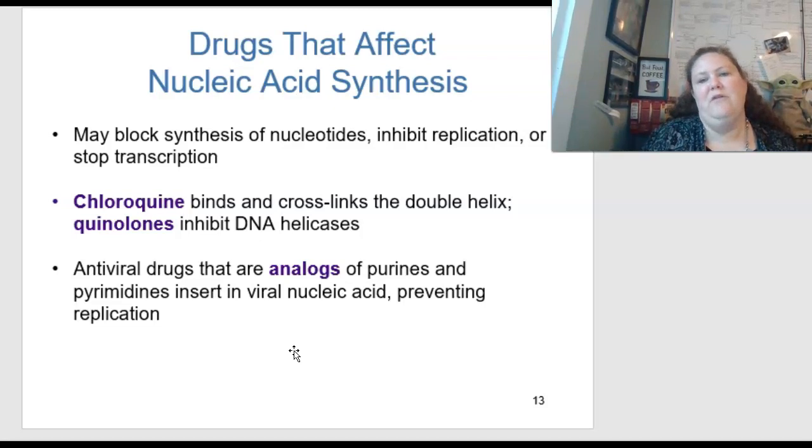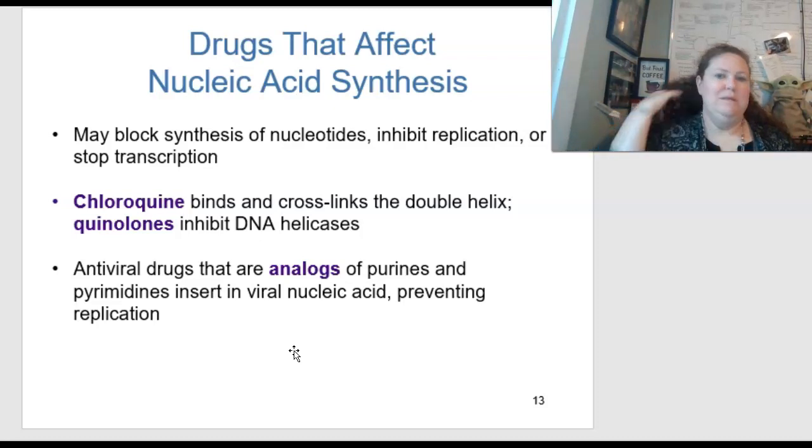Moving on to drugs that affect nucleic acid synthesis, and remember this is DNA. DNA is deoxyribonucleic acid, right? So the actual genes of the cell. These drugs may work on blocking the synthesis of nucleotides. They can inhibit replication, or they can also stop transcription.